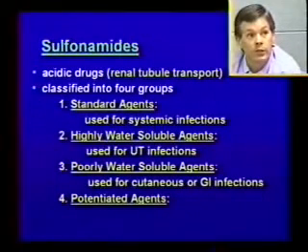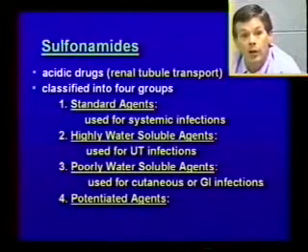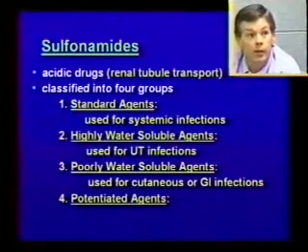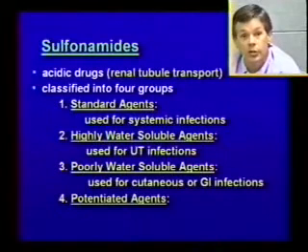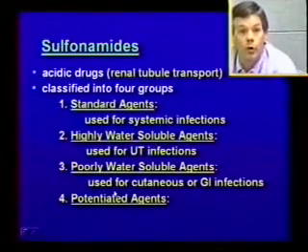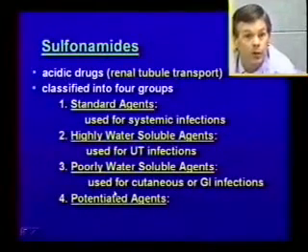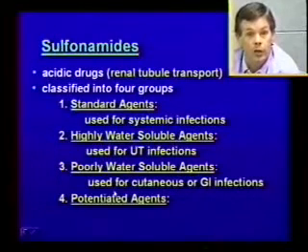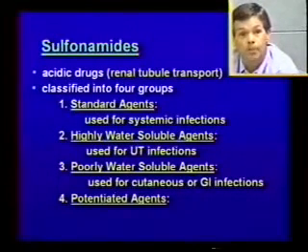The 4 groups that I've listed here are basically broken down more on the solubility of these agents, which leads to somewhat the tissue indications for their use. So the standard agents are often used for systemic infections, versus the poorly water-soluble agents are often used topically for cutaneous infections, or can be given orally for GI infections where they can act locally within the GI tract.